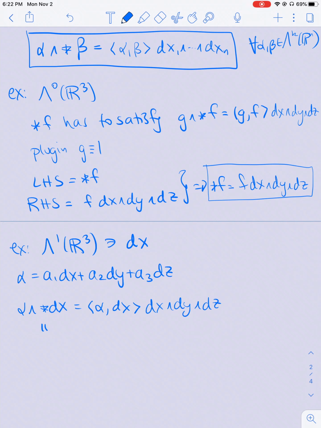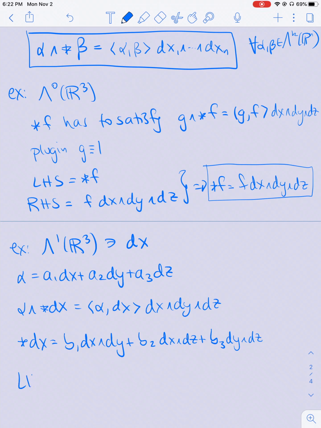First, before I get ahead of myself actually, let's write Hodge star of dx as b1 dx wedge dy, plus b2 dx wedge dz, plus b3 dy wedge dz.